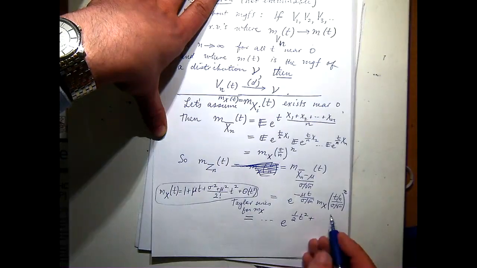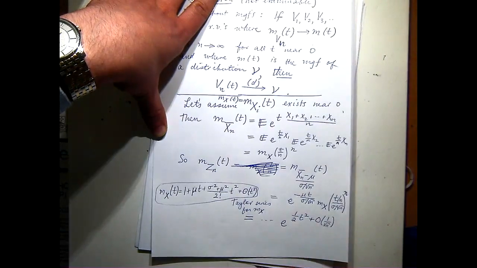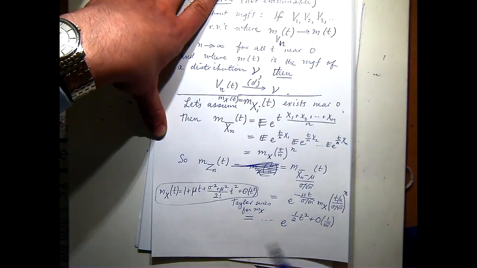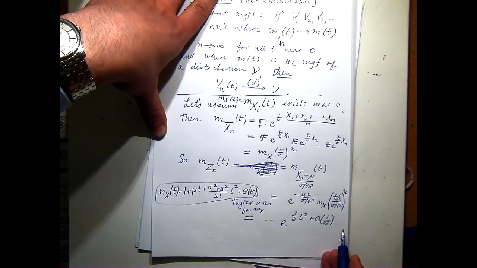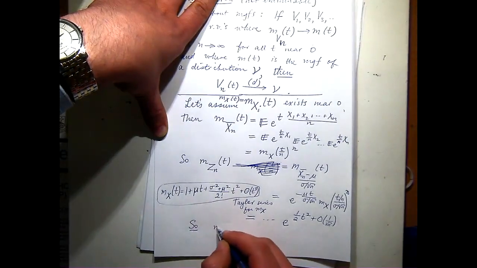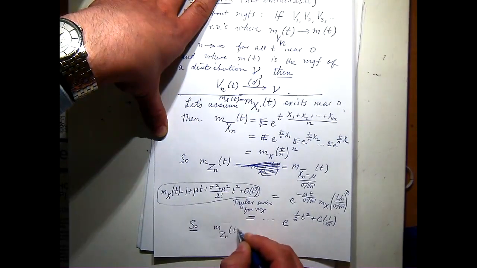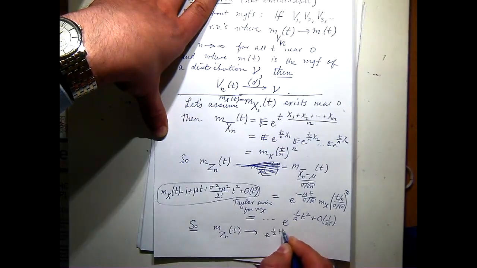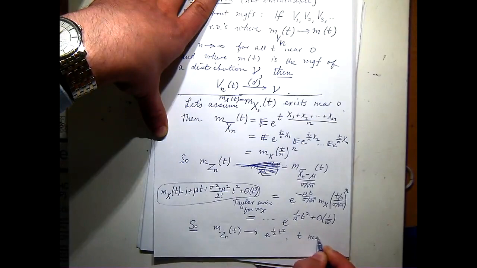Then if you plug that in there, you'll get order of 1 over square root n in here. So the half t squared doesn't depend on n, and the remaining terms vanish to 0 as n tends to infinity. So mzn of t converges near 0 to e to the 1/2 t squared for t near 0.